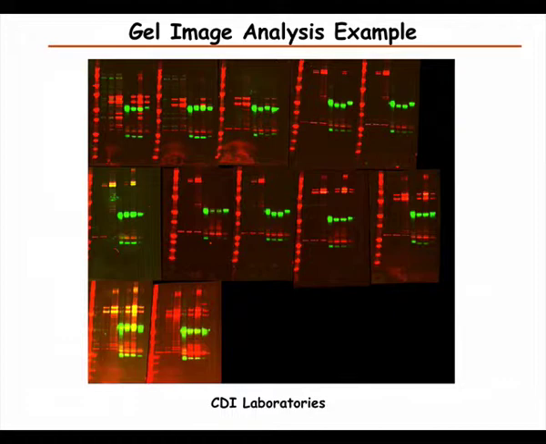And so what we want to do is automatically analyze this. And the background is that this company, CDI Laboratories, are testing antibodies. So they generate hundreds of these gels, so they don't want to analyze it by hand. So the first step is we need to split it up into the individual gels.